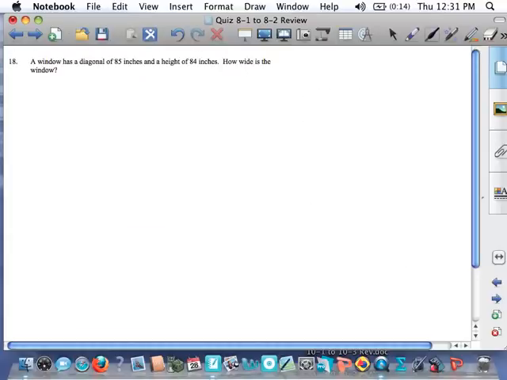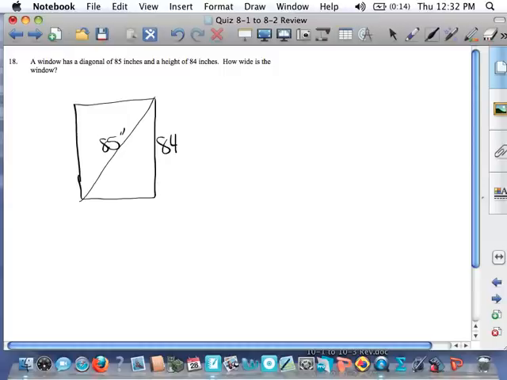Number 18, a window has a diagonal of 85 inches and a height of 84 inches. How wide is the window? We'll call that A. Again, this is the Pythagorean theorem. A squared plus 84 squared equals 85 squared.